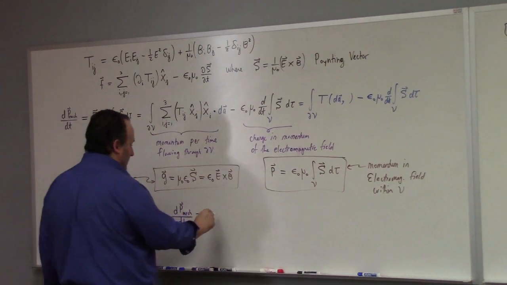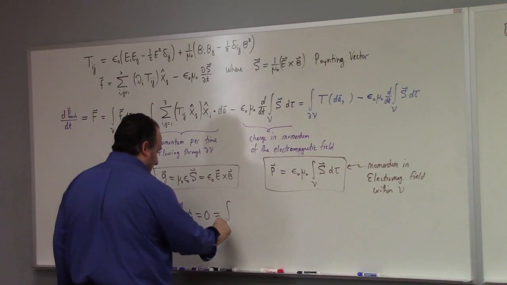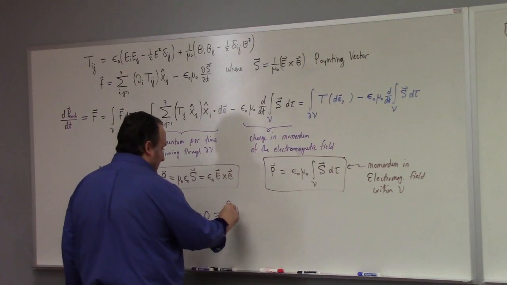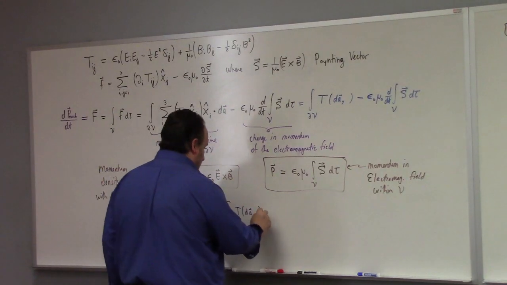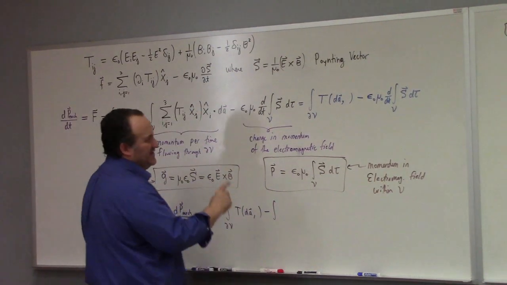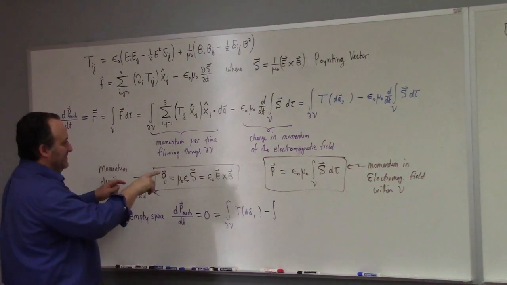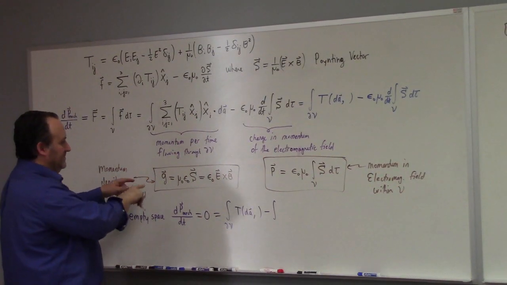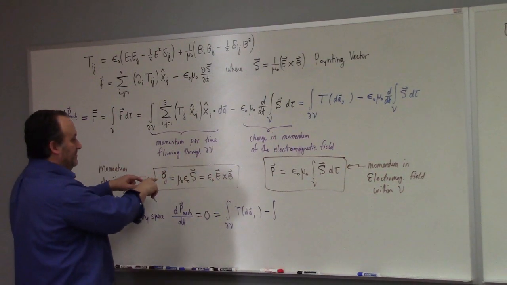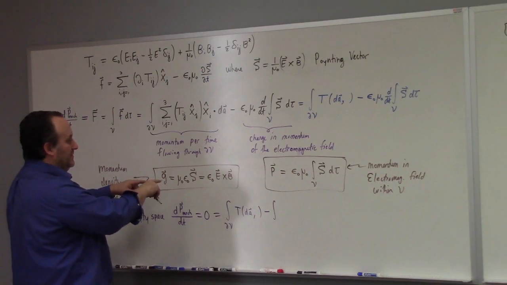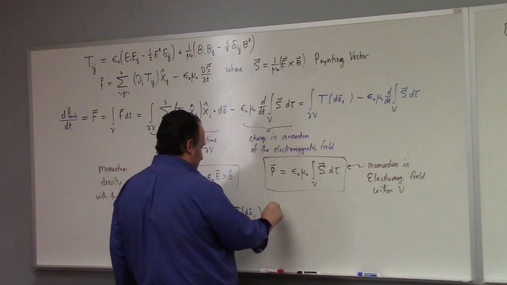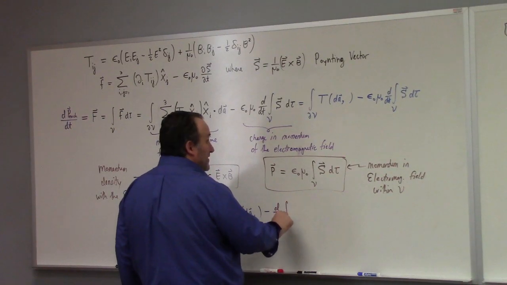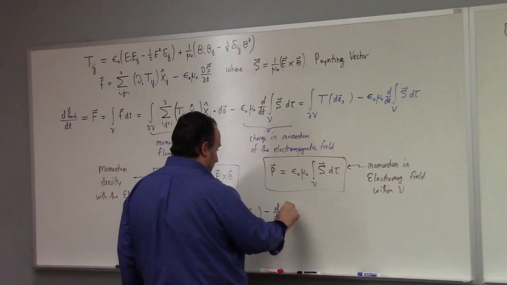So 0 has to be equal to the integral over the boundary of V of T dA, right? Minus the integral over, well, we just gave it a name. You see that? That's just d/dt of the integral of g d tau, right?